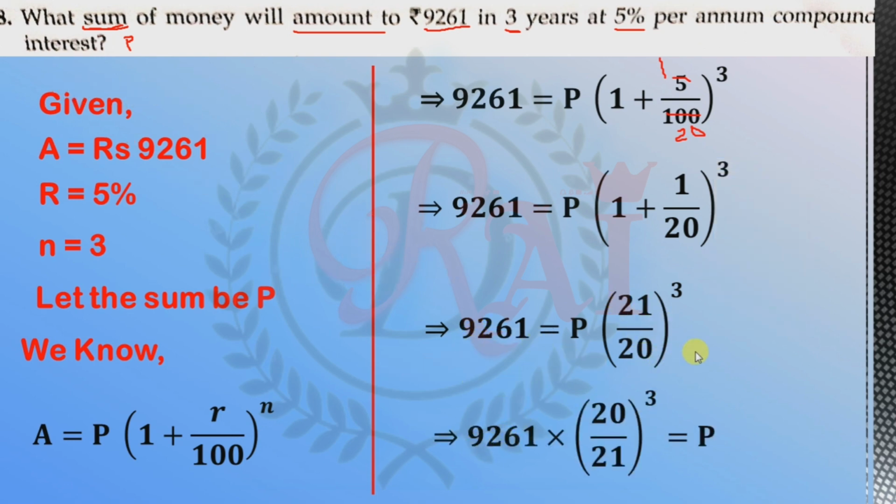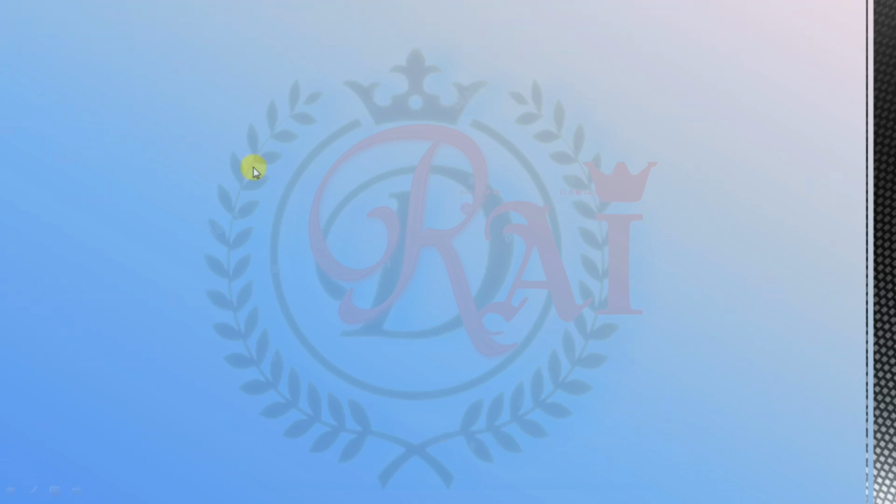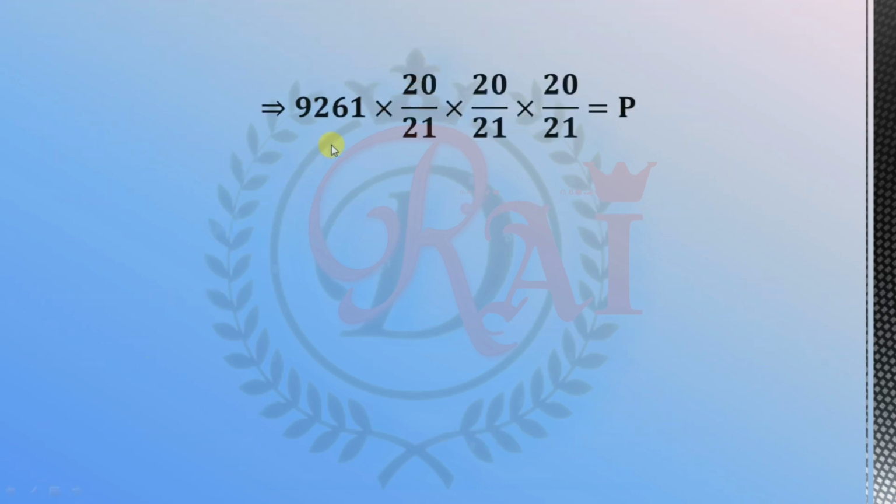When 21 by 20 comes this side, 20 will go up and 21 will come down, raised to the cube, is equal to p. Okay, now we'll get 9261 into 20 divided by 21, into 20 divided by 21, into 20 divided by 21, is equal to p. Now let's do a cancellation.